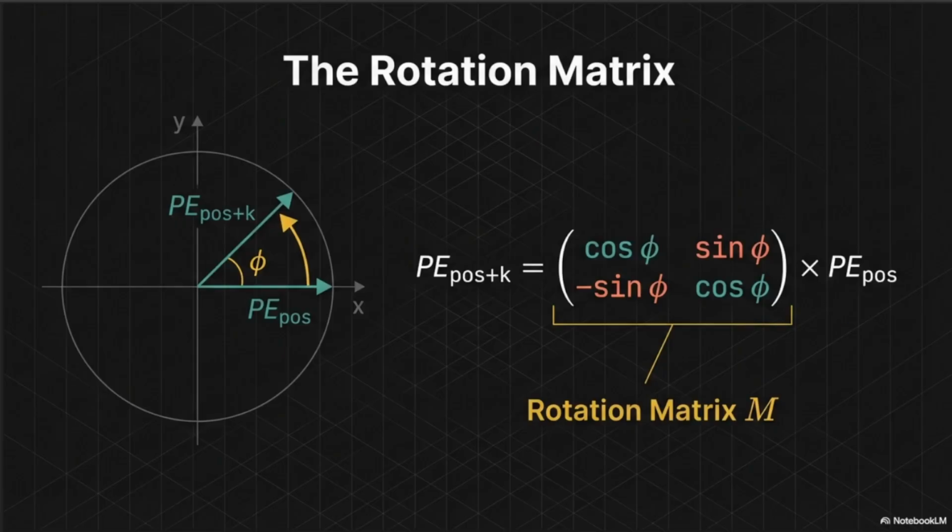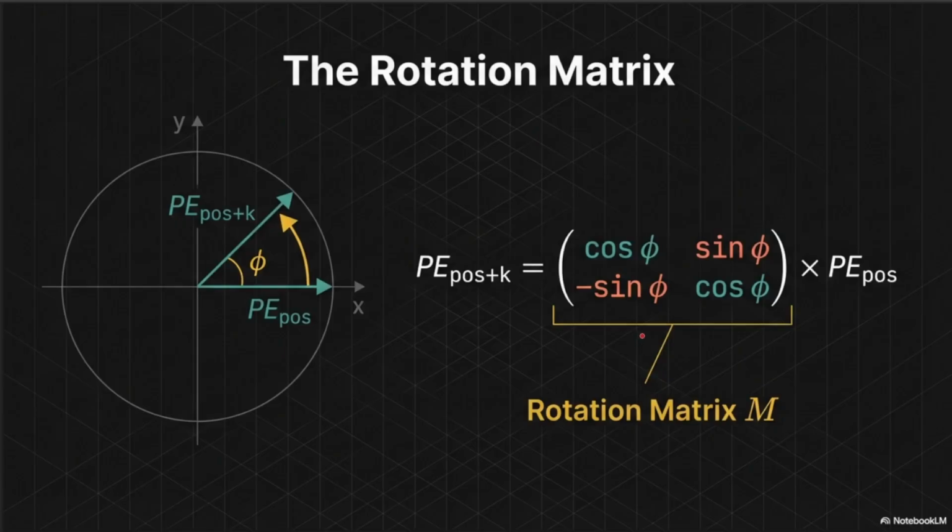When we apply those addition formulas to our positional encoding vector, we find that the positional encoding for pos plus k is simply a rotation of PE of pos. The rotation matrix you see, this one, depends only on k, so the distance between the words is k.